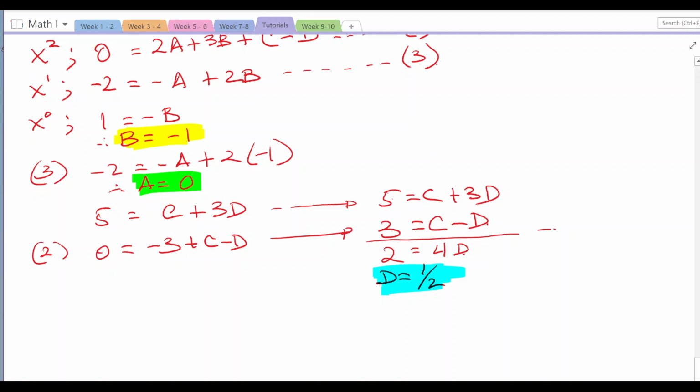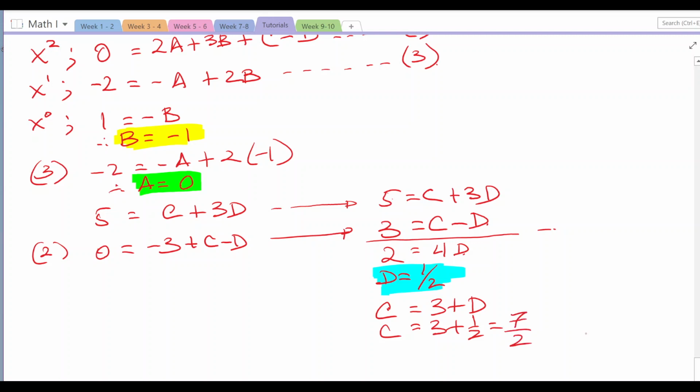And then from d equals half, we can find out the value of c. Let's say from this one, c equals 3 plus d, and therefore c equals 3 plus half equals 3.5, or 7/2.